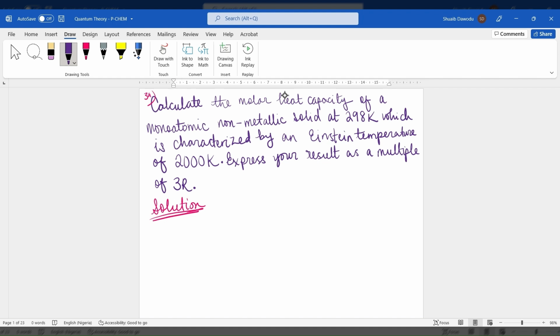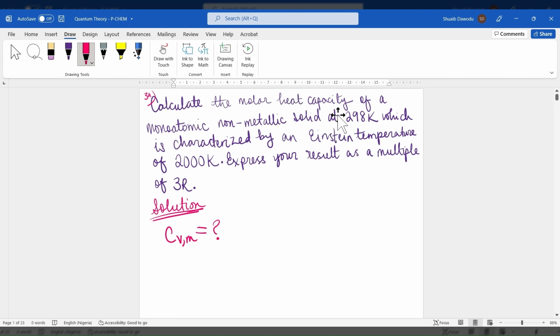We're going to reread this question and write out the information and the parameters so we can start solving. We were told to calculate the molar heat capacity of a monoatomic non-metallic solid. So C_V,m, because we're dealing with molar heat capacity. When you study your textbook, you'll note that processes like this occur at constant volume, so that's where we're having C_V,m, the molar heat capacity at constant volume, and that's the unknown.